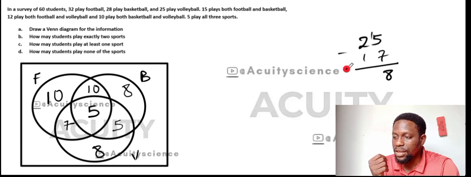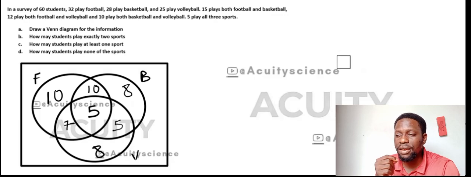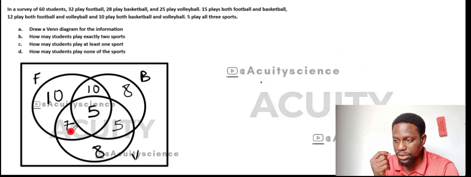Alright. So we have our Venn diagram here, but it's not yet complete, because not every student played something. Let's find out if actually every student played something. We start with the football circle: 10 plus 10, 20, plus 5, 25, plus 7, 32.